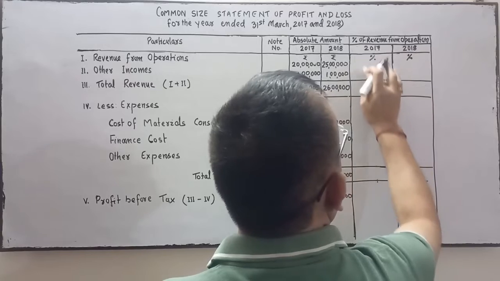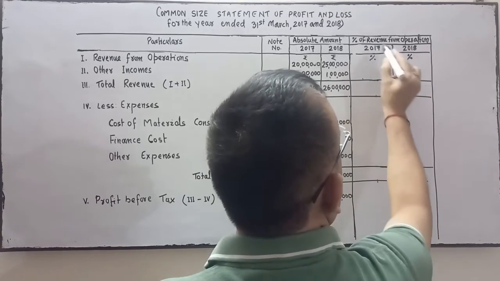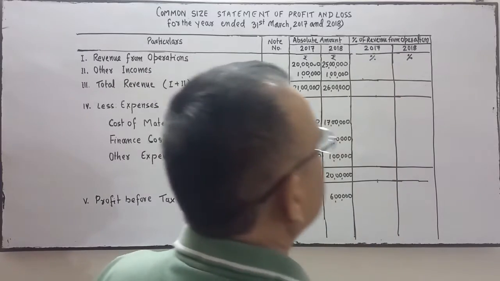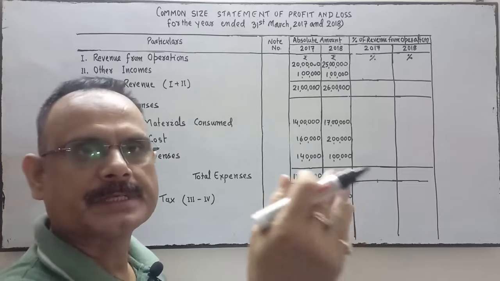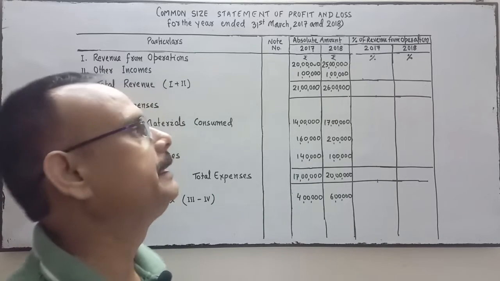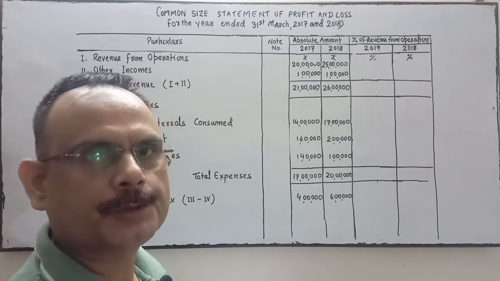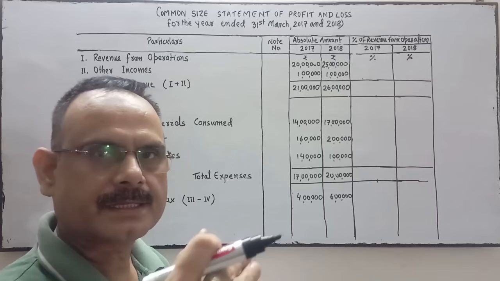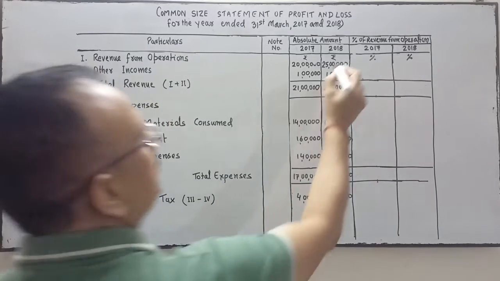Is it clear? 2017 and 2018. So percentage of revenue from operation. In the balance sheet we write percentage of total assets. Here we will write the percentage of revenue from operation when we are going to prepare the common size statement of profit and loss. Is it clear?